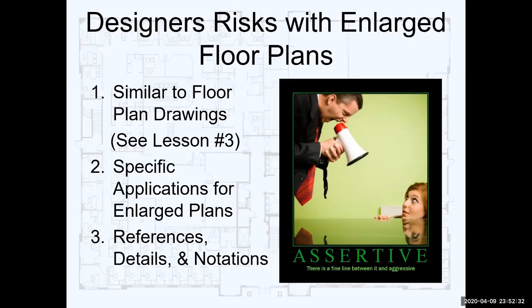But we really want to capture what the client's very specific uses and functions are and make sure that we've got them accommodated on a plan. And that plan will then allow us to provide all the necessary references, details, and notes. When we fail to do that or when we miss pieces in that is when we get in trouble.